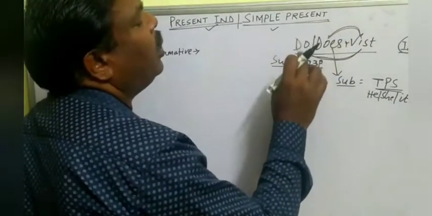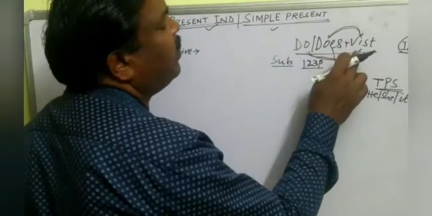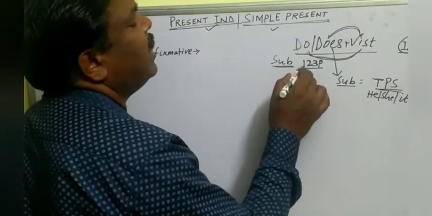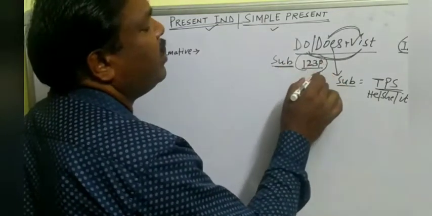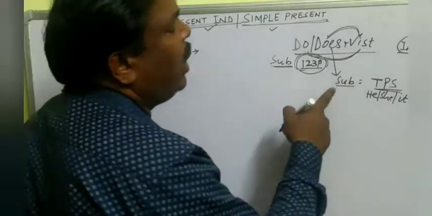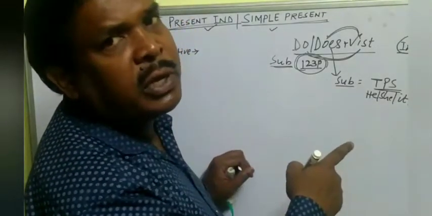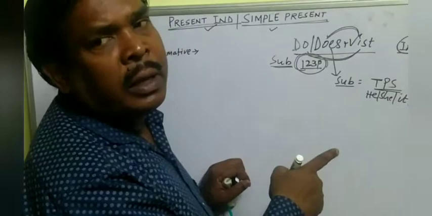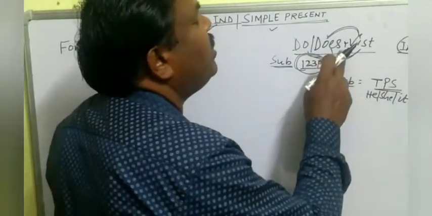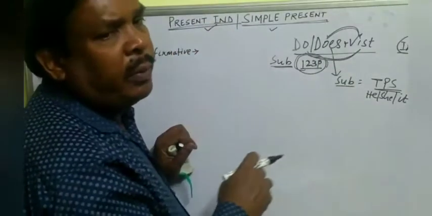Do plus first form of verb will be used when the subject is first person, second person and third person plural number, and when the subject is third person singular number, then we shall use does plus first form of verb.